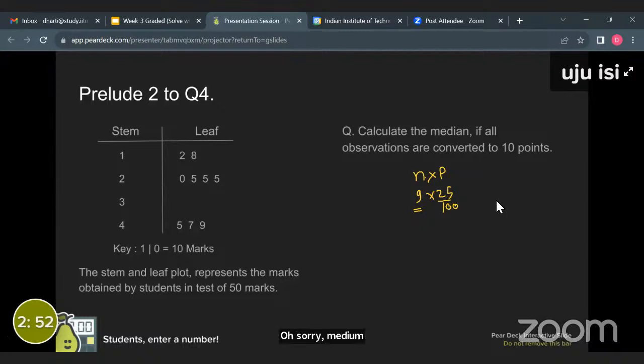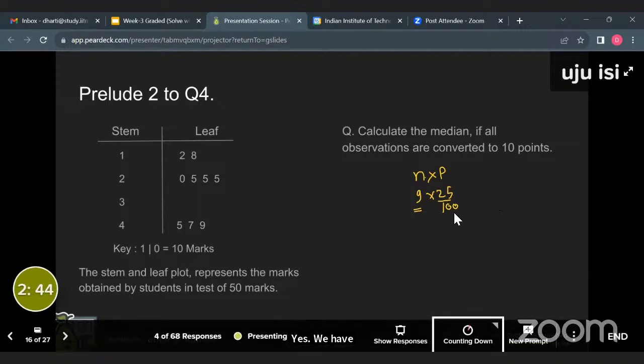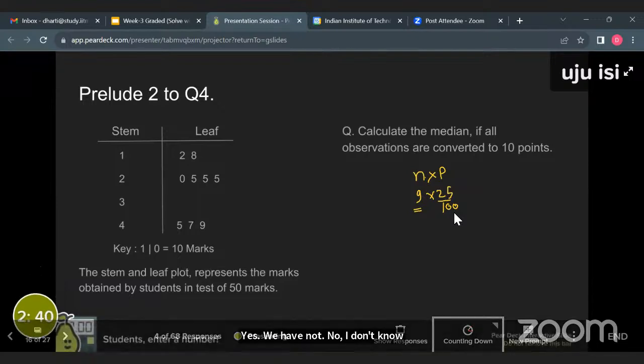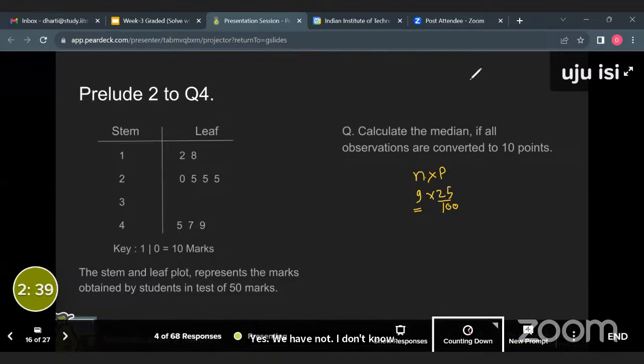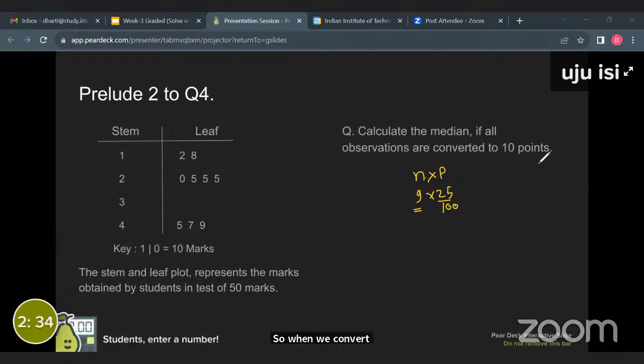Ma'am, what do we mean by this, when observations are converted to 10 points? We do not know this converted system. Okay, I will explain. When observations are converted to 10 points, what observations are given to us?